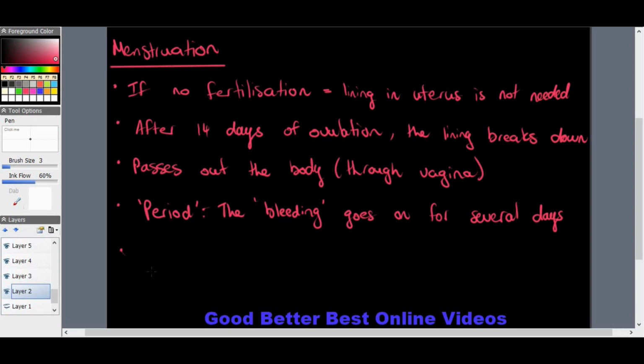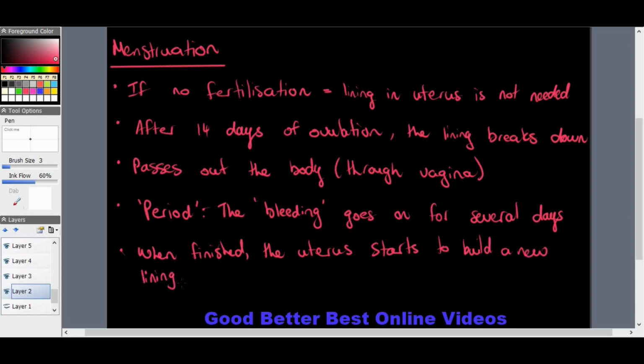Once the period is finished, the uterus starts to build a new lining in case the next egg gets fertilized.